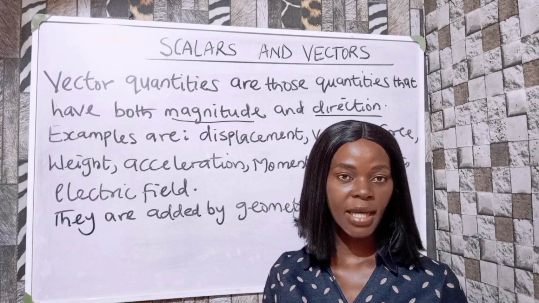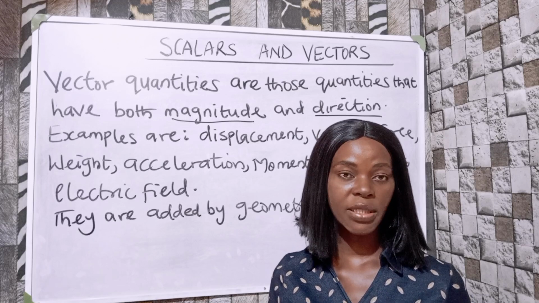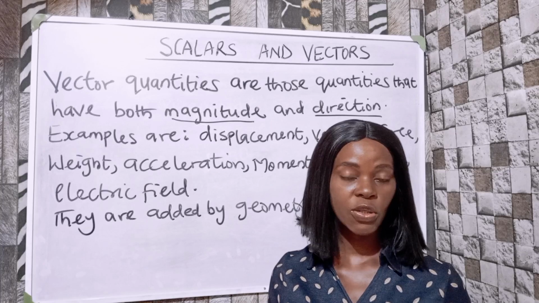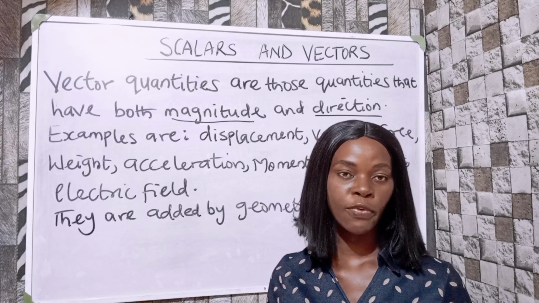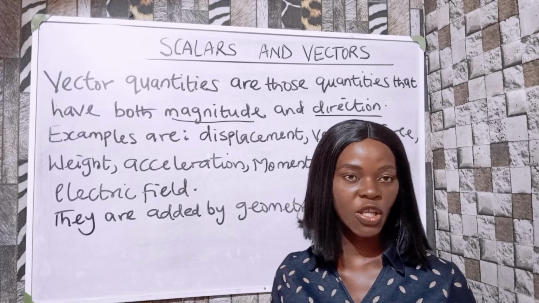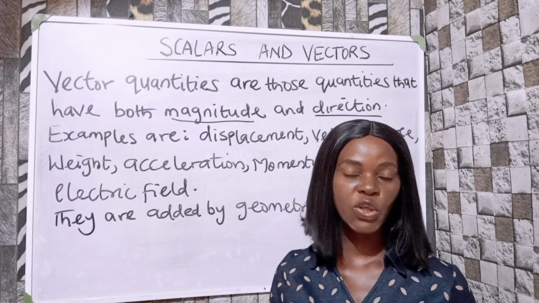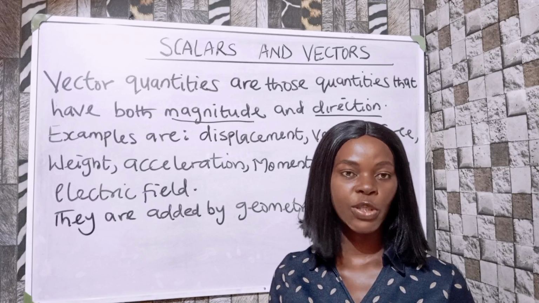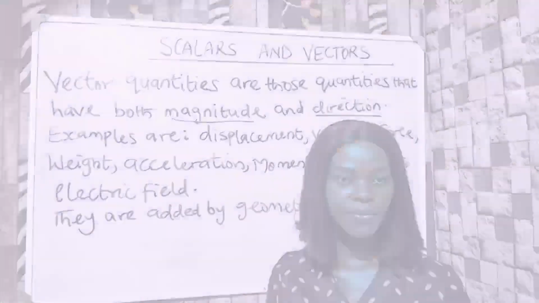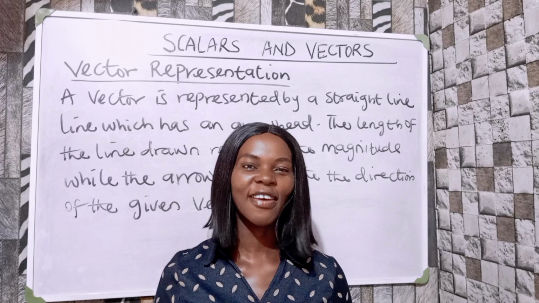Geometrical method means that we can use the four cardinal points to get the sum of the vectors, or we can look at the direction in which they move to get the sum of the vectors. I want you to watch this video to the end so that you can understand how we can get the resultant vector.